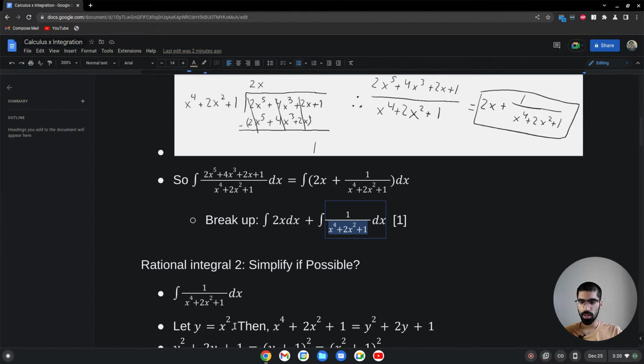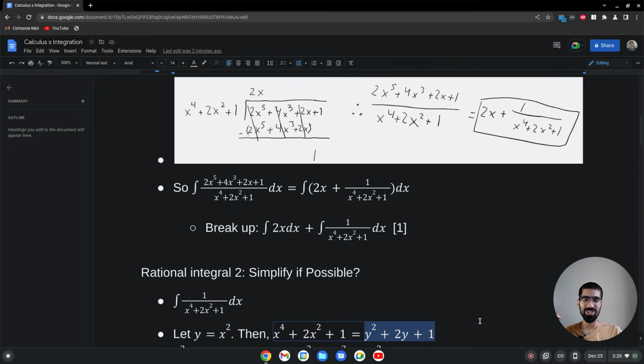Because if we let y equals x squared, then this thing just becomes a quadratic. And we know how to factor those with our grade 10 math knowledge.